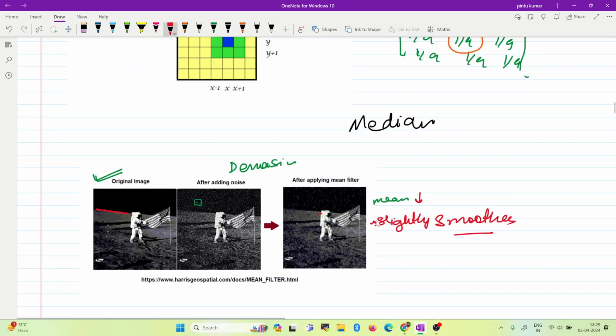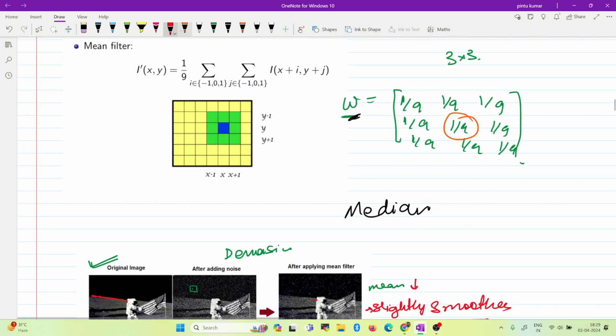Let's discuss padding. Let's say this is your original image, and you want to apply the mean filter to your data. You can apply it here by just taking a 3x3 box around it and then doing the convolution operation as we discussed.